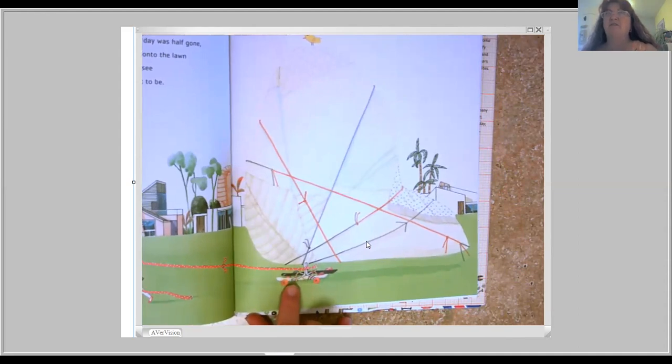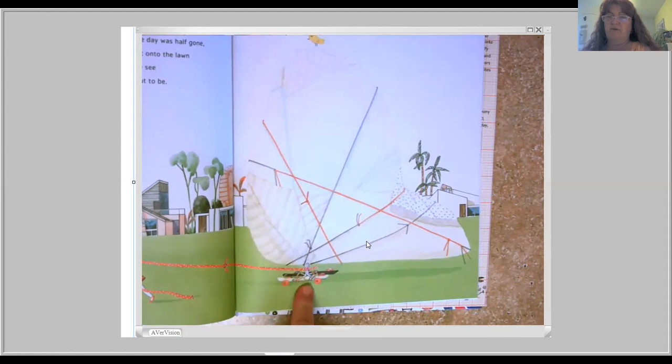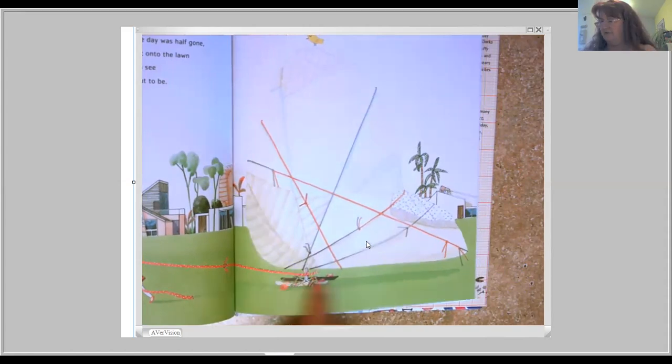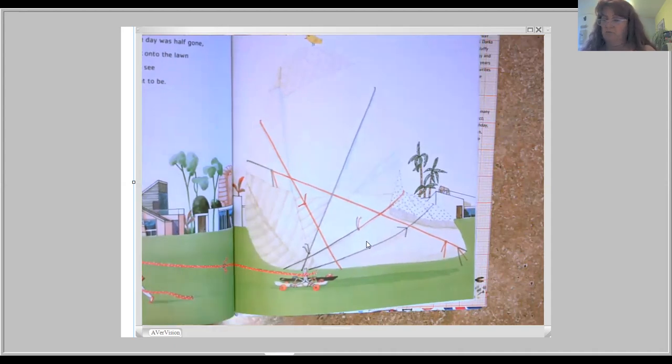Remember that simple machines make hard work easier. So instead of having to try to carry out a helicopter by herself, she put it on a platform that had wheels, and the wheels and axles helped her roll it out to a place where she could test it.